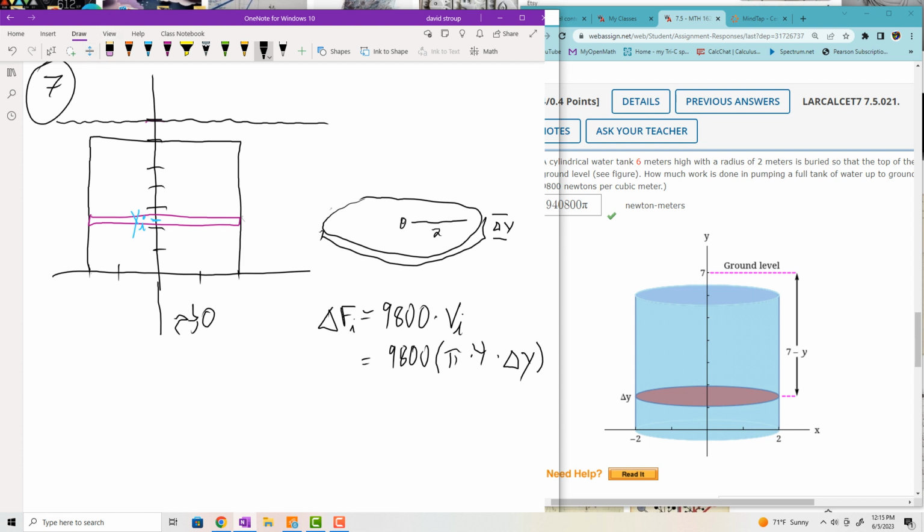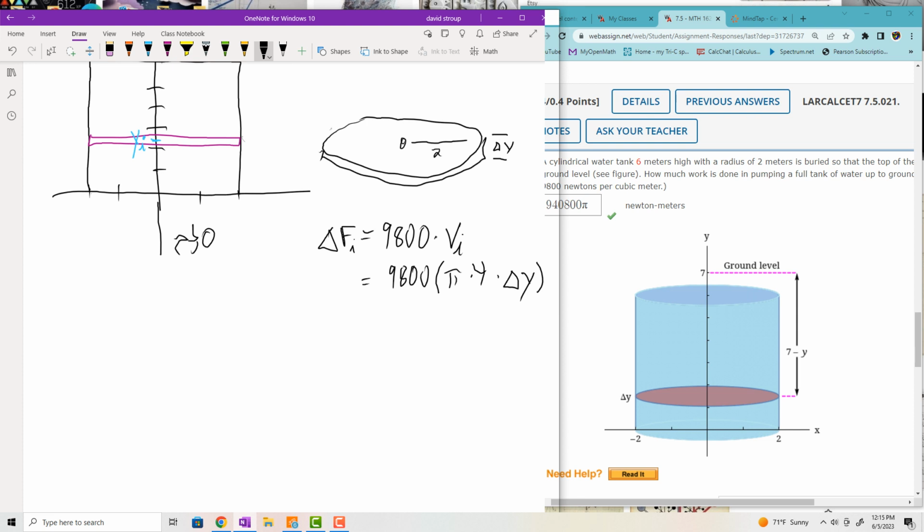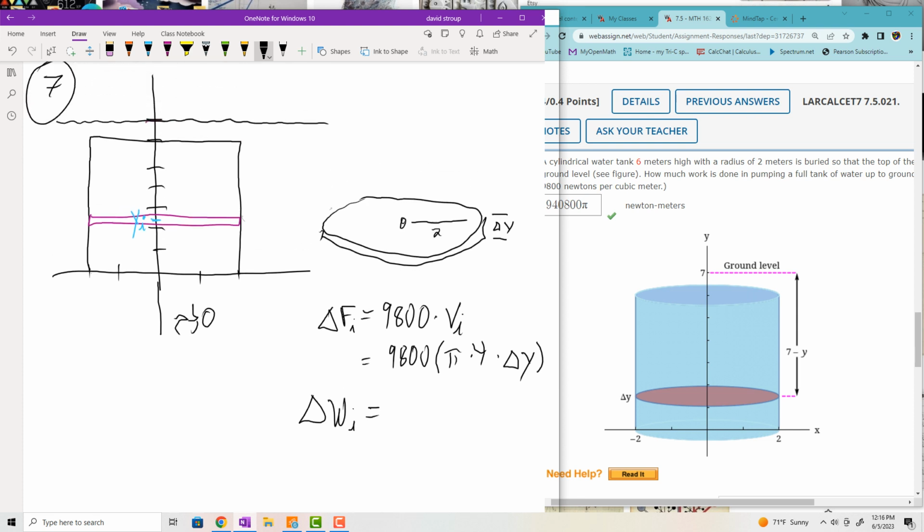Okay, so that's the weight of that particular disk, and then for work we need to multiply it times the distance that particular disk has to travel. And each disk is going to be traveling a different distance, right? So that disk at position y sub i is going to travel a lot farther than a disk positioned at y sub j. So we need a formula to determine how far each individual disk is going to be traveling.